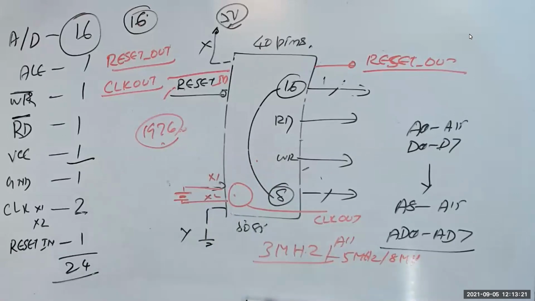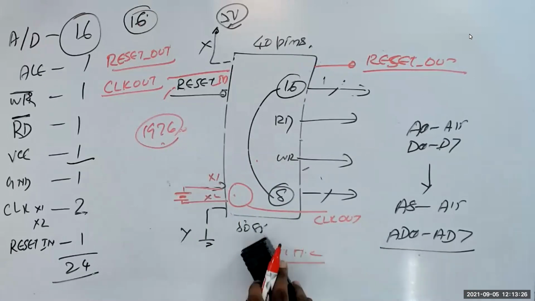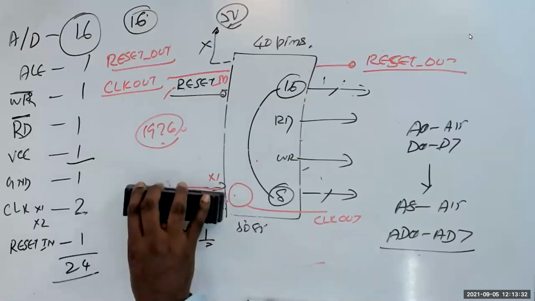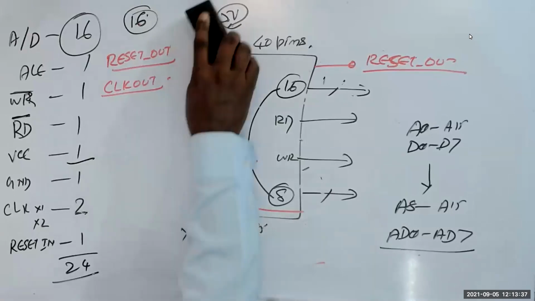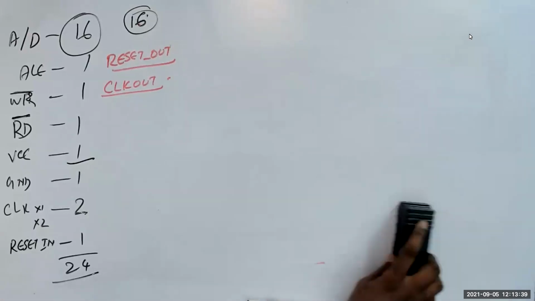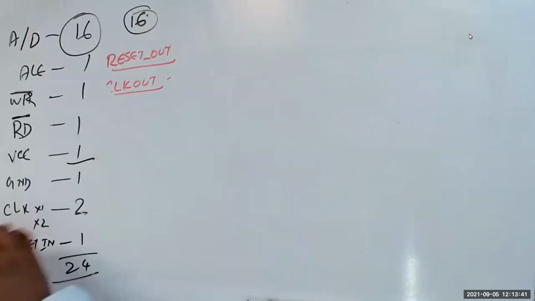Forget about that. Let us assume 3 megahertz and operate on that; that'll be easy for us. That's another variation. Clock out.